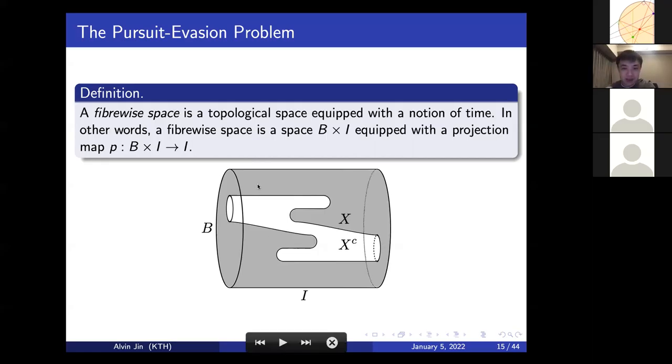Pretend you have a knife and you're slicing through a cake. Every slice you look at is a snapshot of what the area looks like at a certain time. Here I is typically the time interval 0, 1.